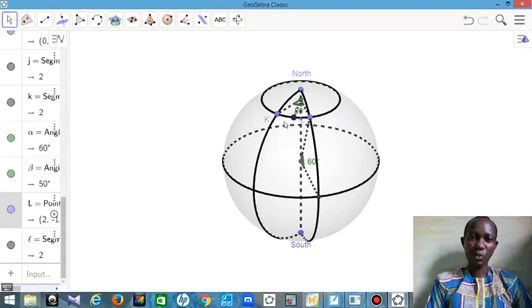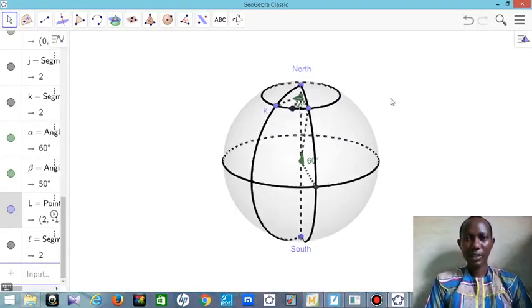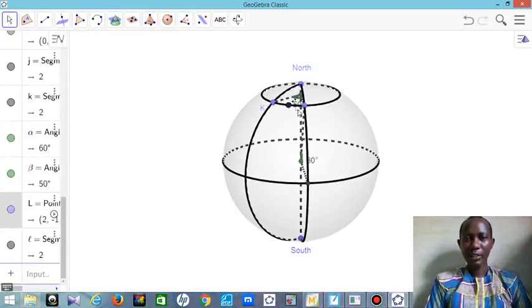If it's here, it's still west, but due east of K, on the west side. You understand what I mean? If I put my L in this place, L is still on the west side of the earth, but east of K, due east of K. So that is one thing you should take note of. L can still be here.